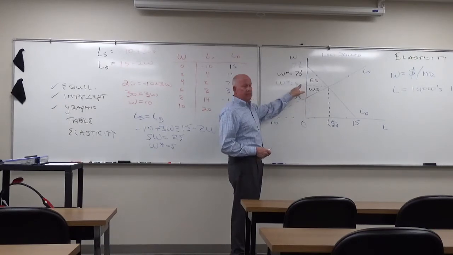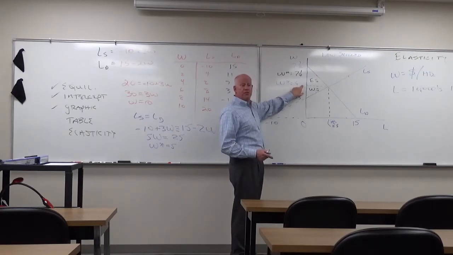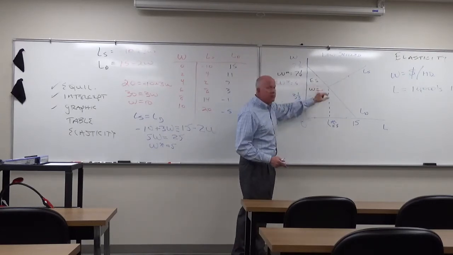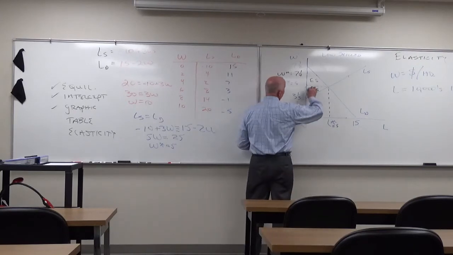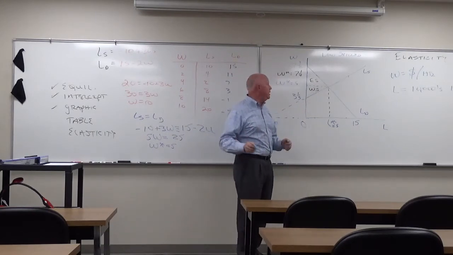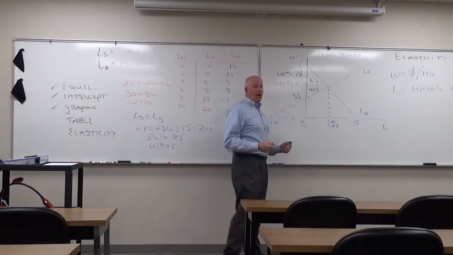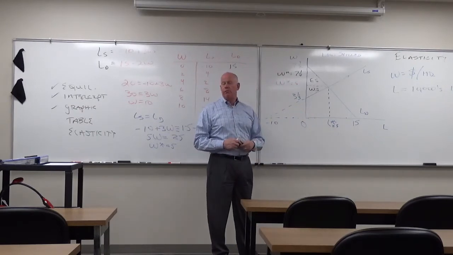So if the market condition is giving them 5, the difference between 5 and 3 1/3, or a little bit above it, is some surplus for them. And we can then see that happen all the way along, such that worker surplus is the area under W star, or whatever our wage happens to be, above labor supply, bounded by whatever our L is. In this case, it's L star.